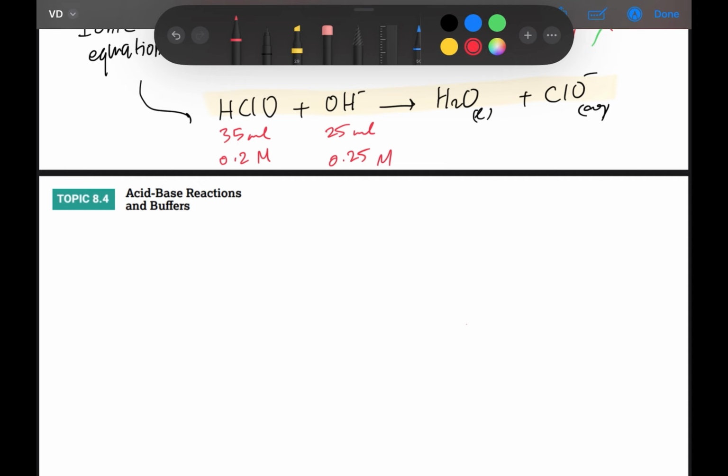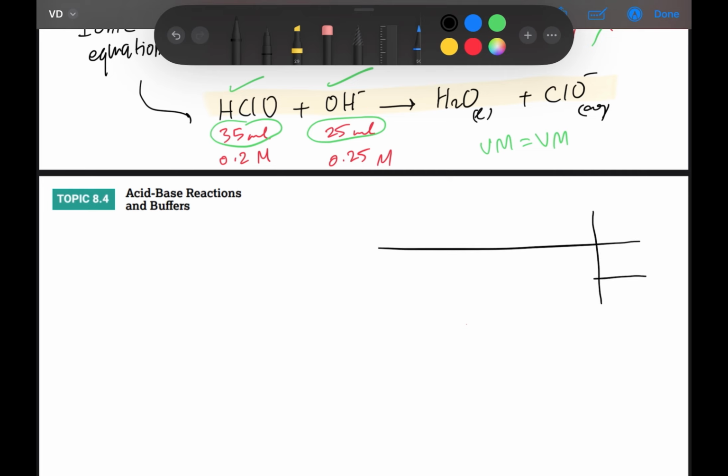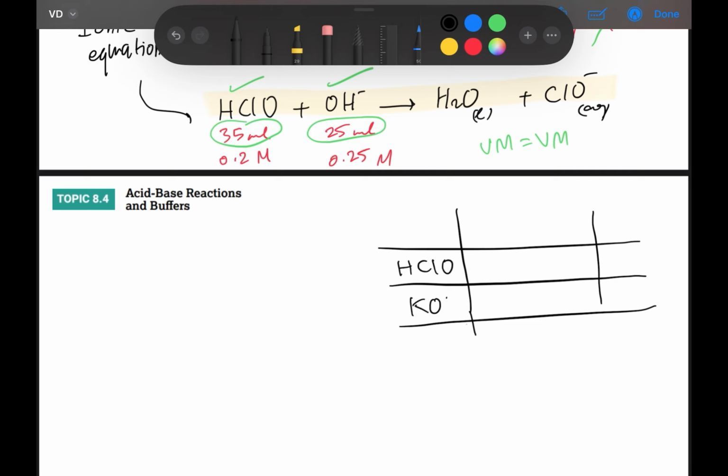Since we're adding two volumes together, we're going to account for the dilution. The first thing we have to do is create a table to show what happened before and after mixing. We have HClO and KOH.